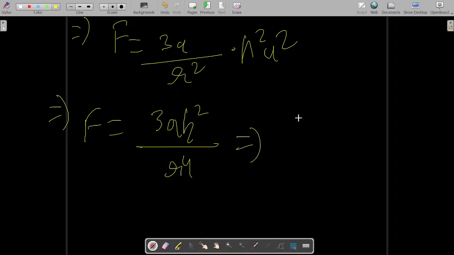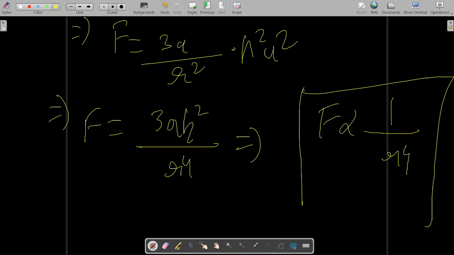That implies f is inversely proportional to r to the power 4, okay. So this is the whole thing which you get from here, okay. So in this way you can do this.